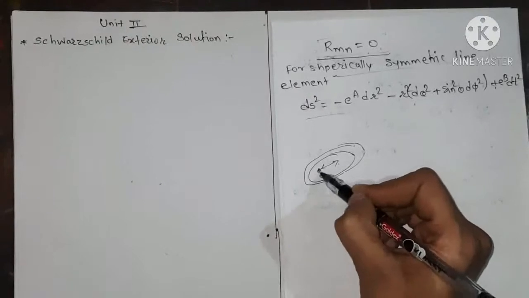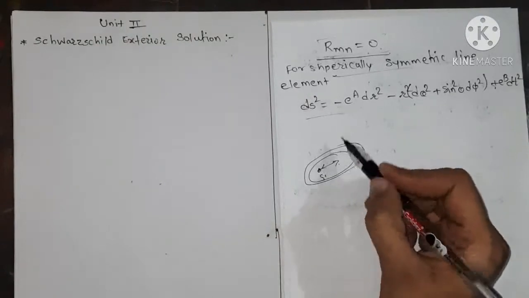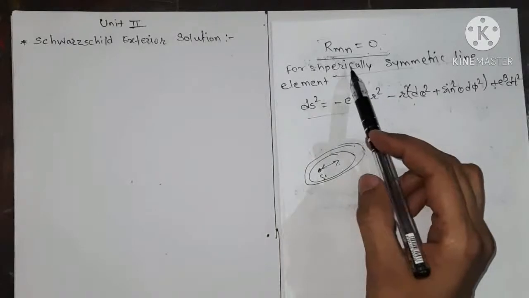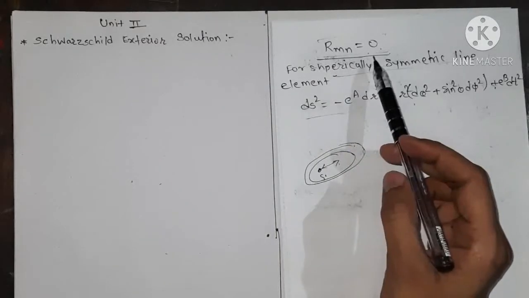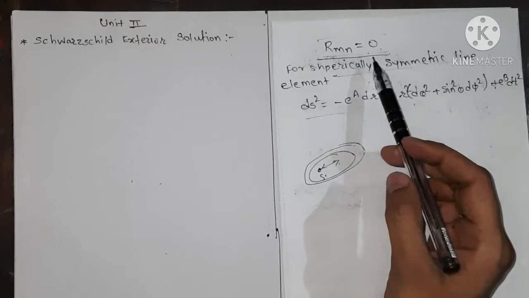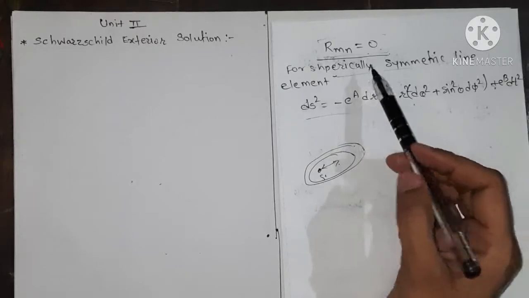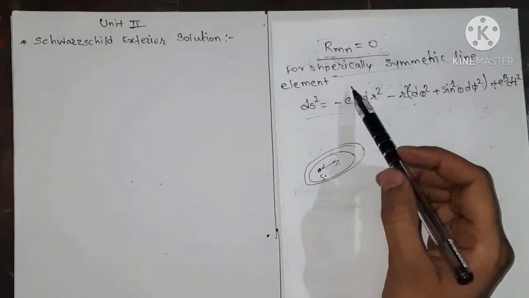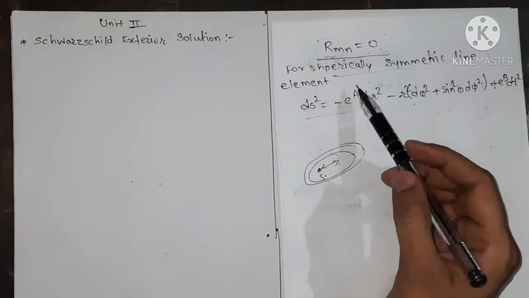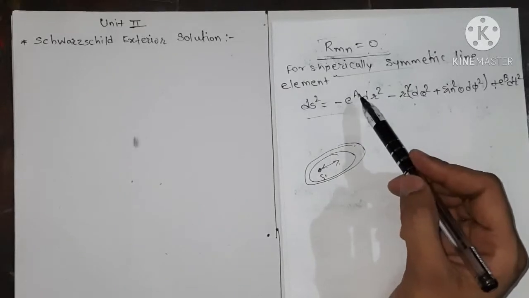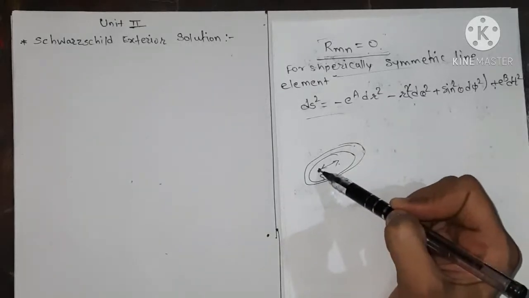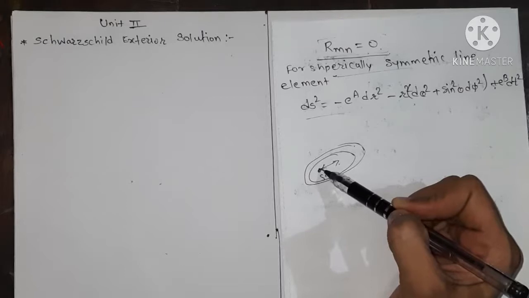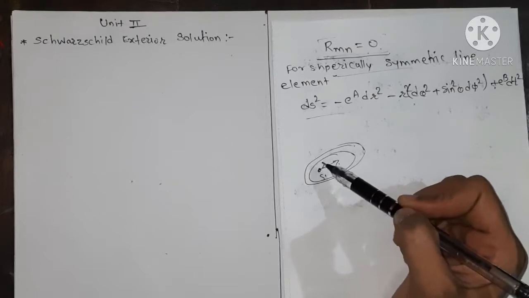So like the sun, we can say that the solution we get here after solving this is the gravitational field, and we call this the gravitational field of an isolated particle. Here we can take the example of the sun, but also the earth.